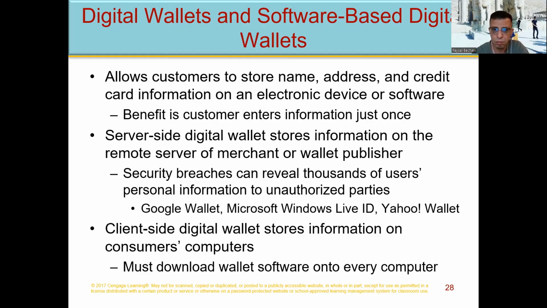A security breach can reveal the personal information of thousands of users to unauthorized parties, and this is the problem. It has to be audited by a third party. Examples we can look at are Google Wallet, Microsoft Windows Live ID, Yahoo Wallet, and the e-wallet. The client-side digital wallet stores information on the consumer's computer, and the wallet software must be downloaded onto every computer.